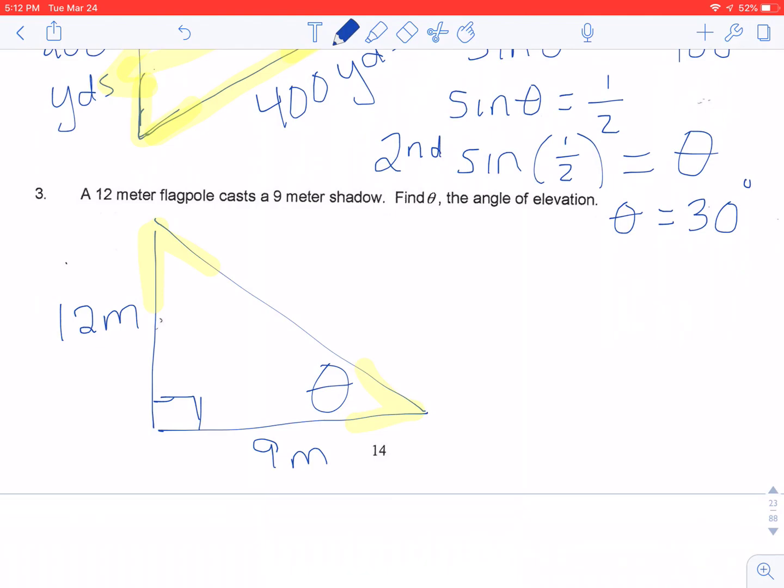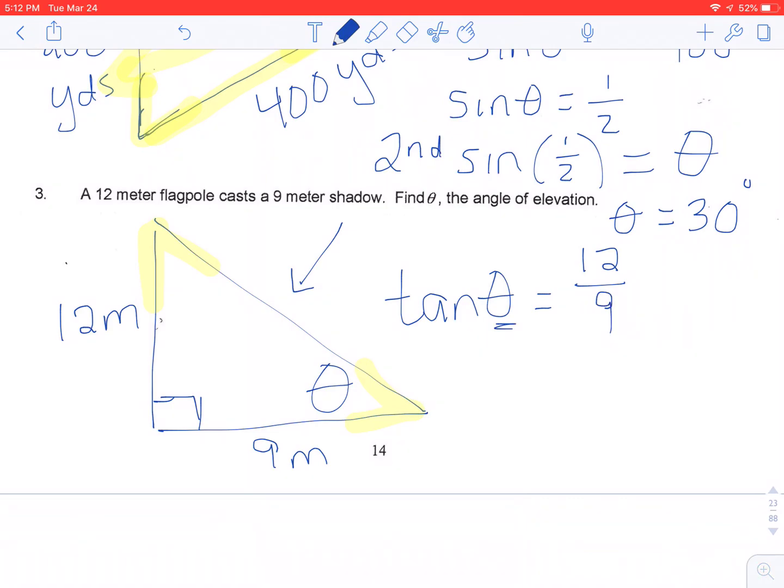Figure out what trig function would work. The side we know nothing about is the hypotenuse, so we don't want the hypotenuse involved. So out of our three trig functions, we have the tangent. So tangent of theta is opposite over adjacent.